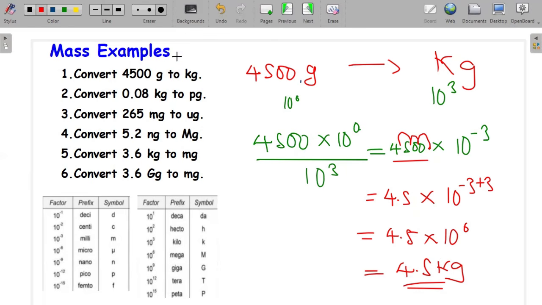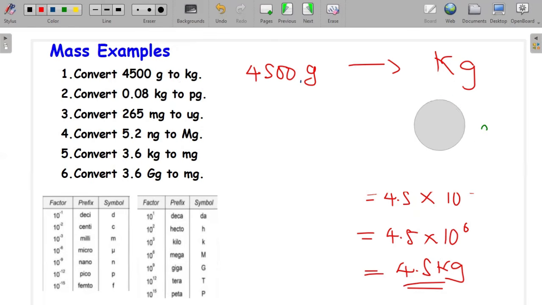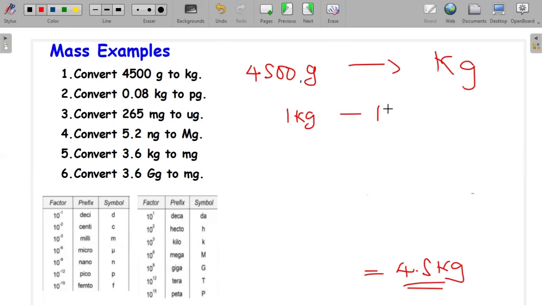Okay, so here I can even show you the other method that you guys are used to, the one that you are using in secondary school. So we used to say that 1 kg is the same as 1,000 grams, right? So we can use it here. So we can say 4,500 grams is equal to x. And then we used to cross multiply.